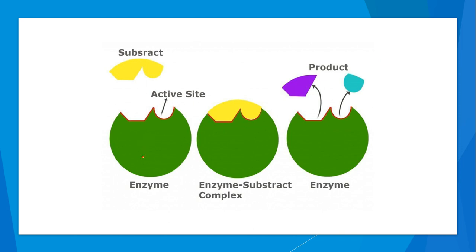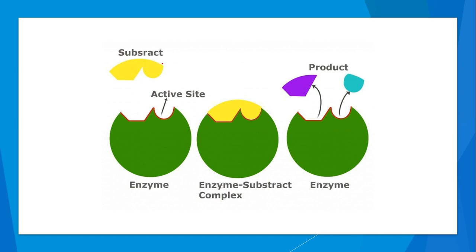If you go to this slide here, my green is my enzyme. Over here, this is an active site and this is an active site. So this is where the actual reaction is taking place. Typically a substrate, or "substract" as they called it here, but it's still a substrate, comes in and bonds to this.